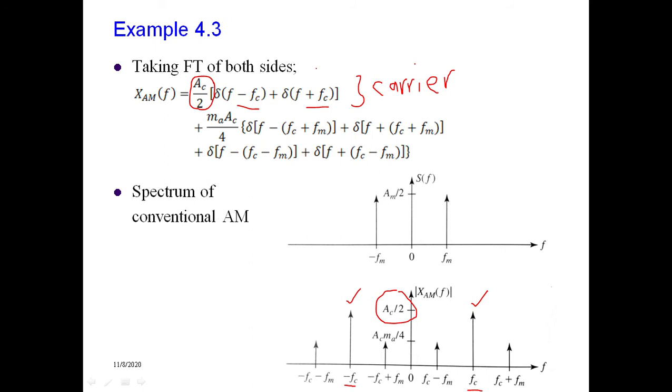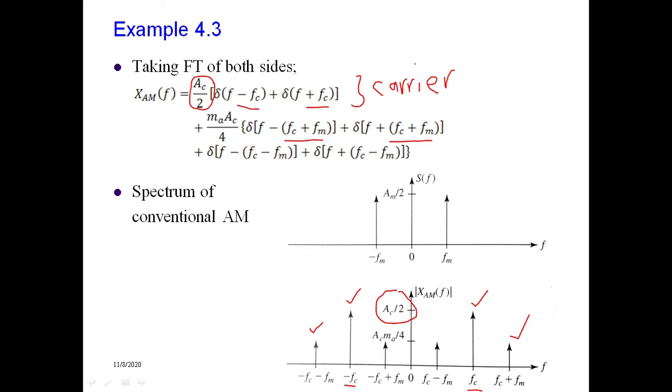The second pair of deltas is at FC plus FM and minus FC minus FM, this one and this one.